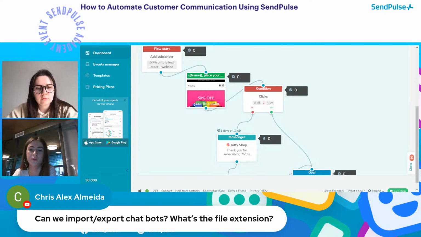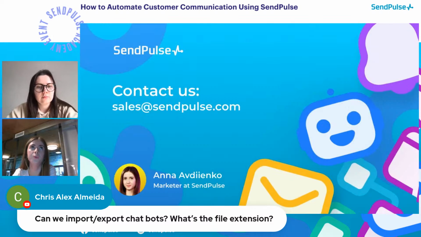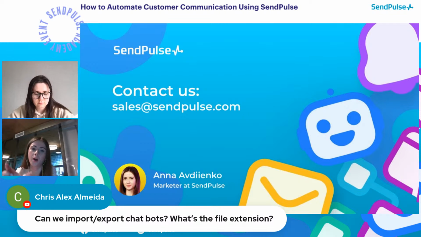The format of the file should be CSV, and if you want to import your data into SendPulse, all the phone numbers or other indicators should be added in one column, vertically.